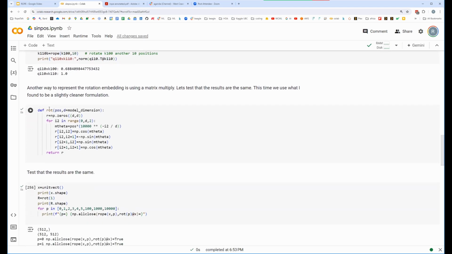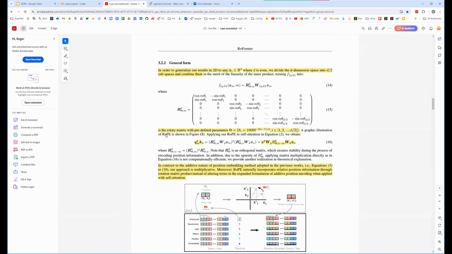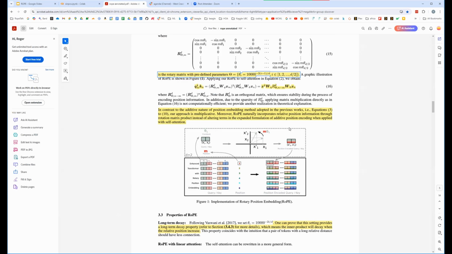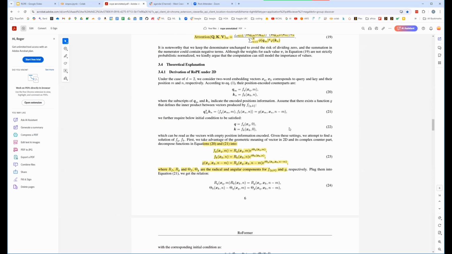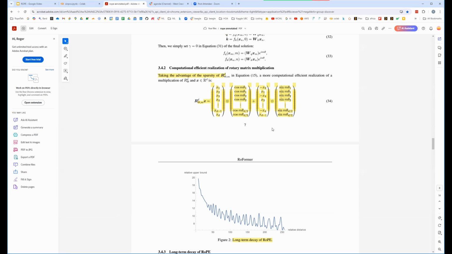Later on, I play a little bit with this rotation matrix. In the paper, they had two implementations of it, I think. One was this diagonal matrix, and then they later decomposed it into a more efficient computation, which is an element-wise multiply between the positions and cosines, and slightly permuted vectors and the signs.